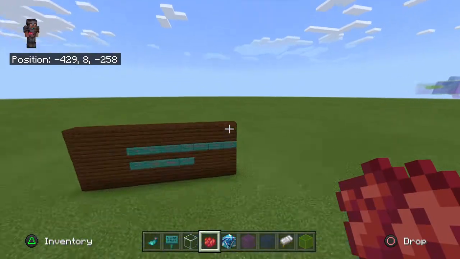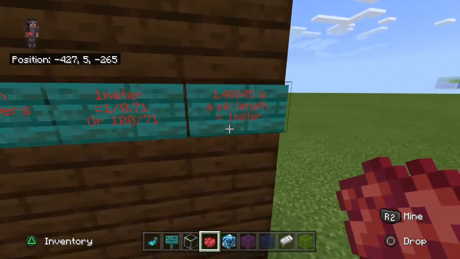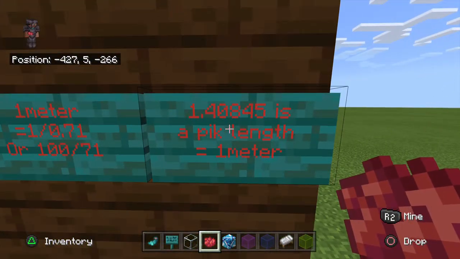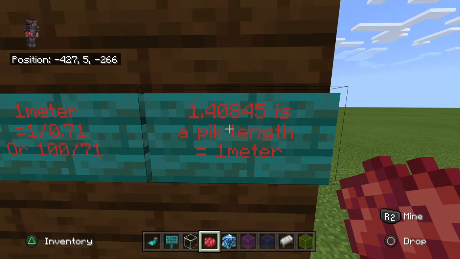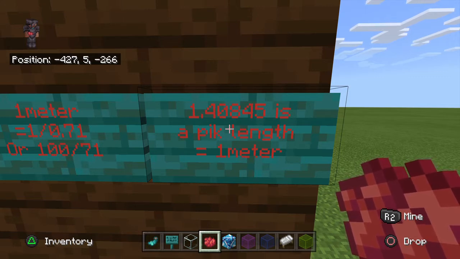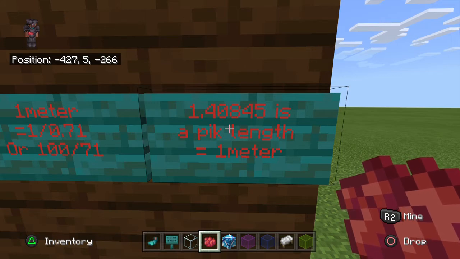And that's where I found this number, which is very close to square root of 2, which it's not the square root of 2, because the square root of 2 times 71 is 100.41.